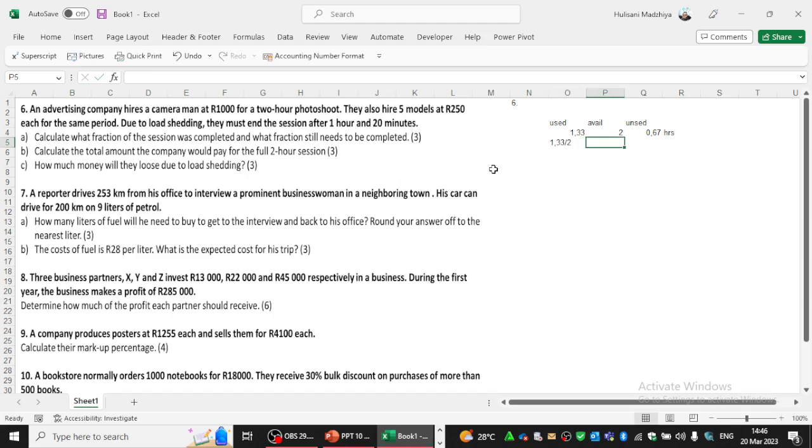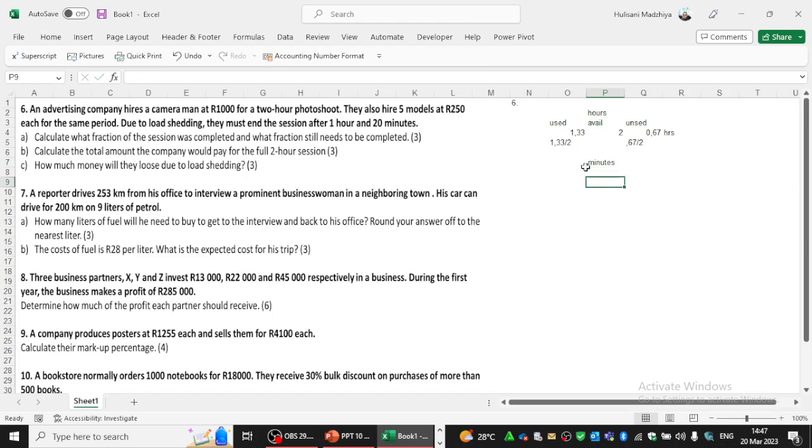And what still needs to be completed will be 0.67 over 2. So that will be the fraction for each. This is when you are using hours.